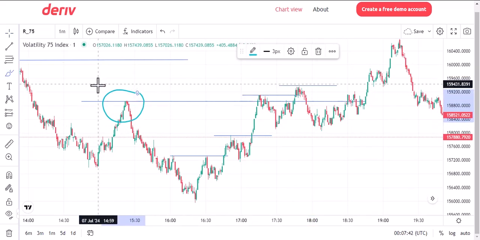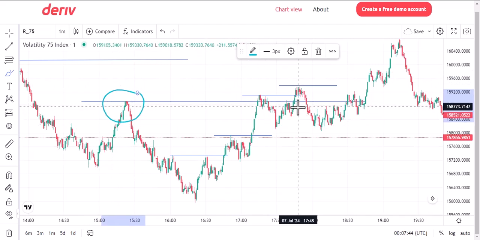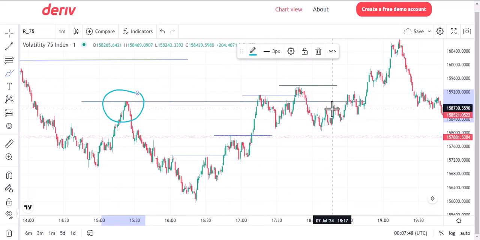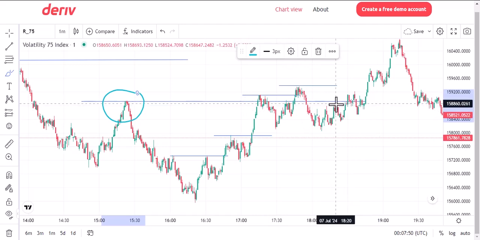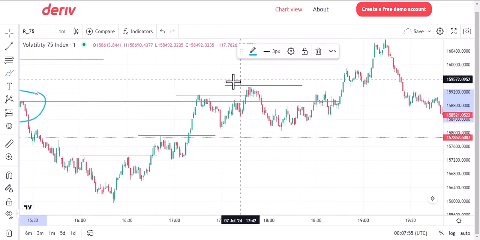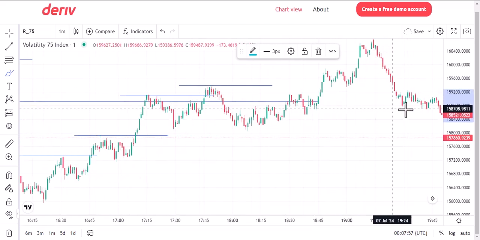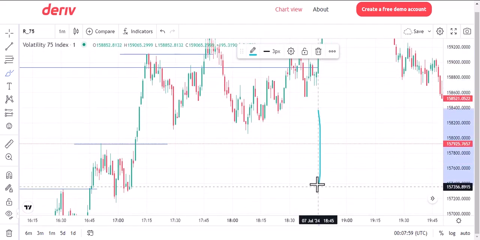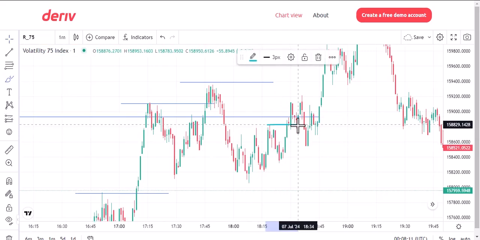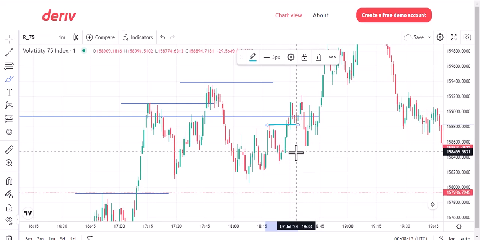When the high on the M15 is taken out, you then consider the breaks of the minor structures. The break that we need is here, because this was consolidating on the M15. We want a clear break from the M15, and a clear break is where we have a break here. And what your break is telling you is that price is going up from the M1 perspective.